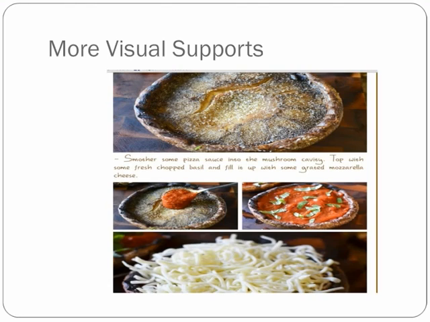Think about how much easier it is to make something if you can see the picture. Here, this is a portobello mushroom cap pizza, and it shows you how to break it apart and add the pizza sauce, where you add the pizza sauce, and there are many more steps. This is just a picture of how this makes it easier to follow a step-by-step process if you have that visual support.